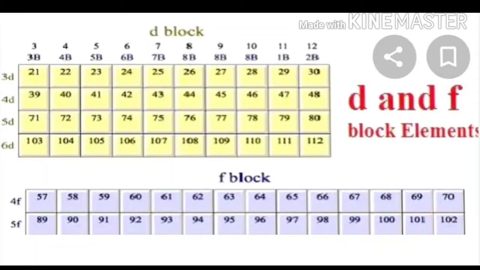Okay, now the last electron of these elements goes to the d orbital of the (n minus 1)th, or penultimate, shell. Okay, so the general electronic configuration is ns1 to 2. Understood? Now ns1 to 2, (n minus 1) d1 to 10.